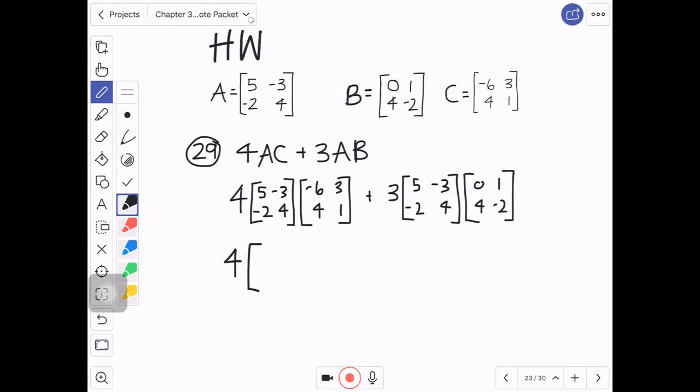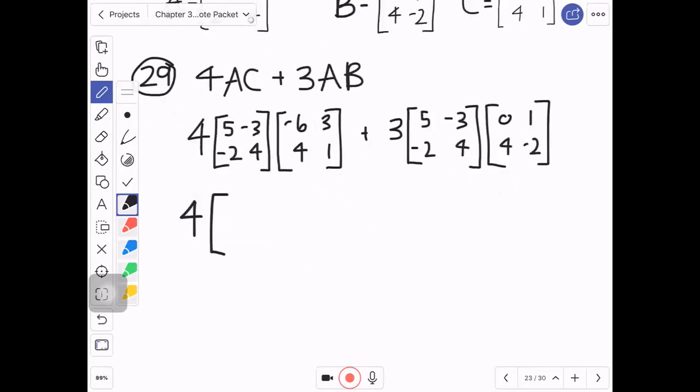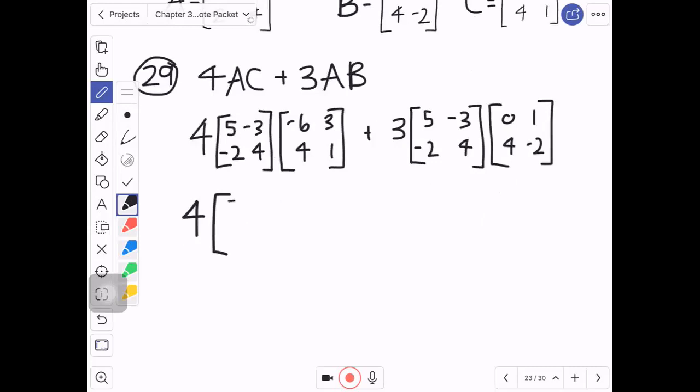So then when I multiplied my first two matrices together, I'll just do it without that step. So we have 5 times negative 6, which is negative 30, plus negative 3 times 4 gives us minus 12. And you can set this up the way we did it in class on Friday to make it a little bit easier.